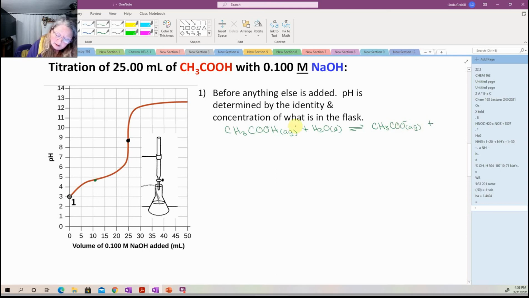What have I done? I've donated a proton to the water, so I've made H3O plus. So that is its equilibrium reaction.